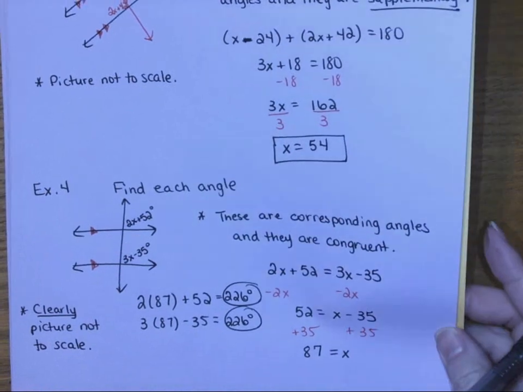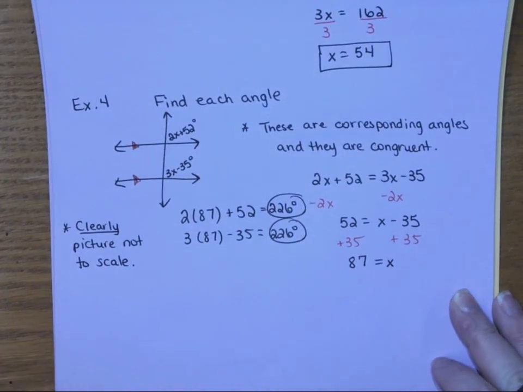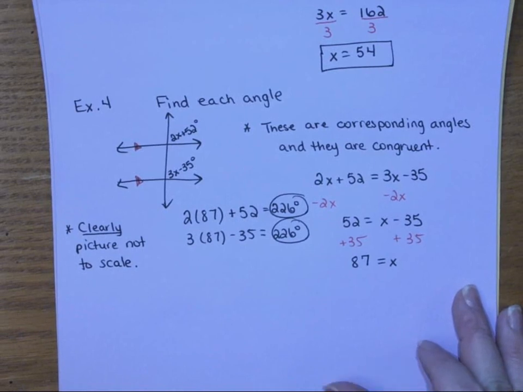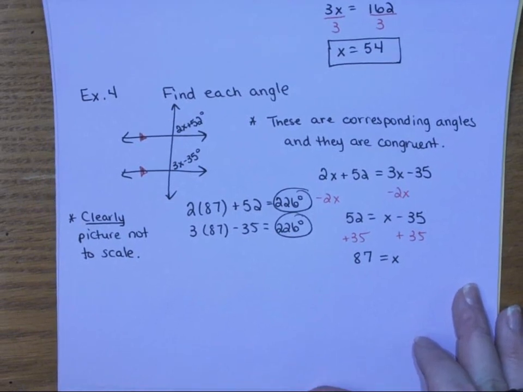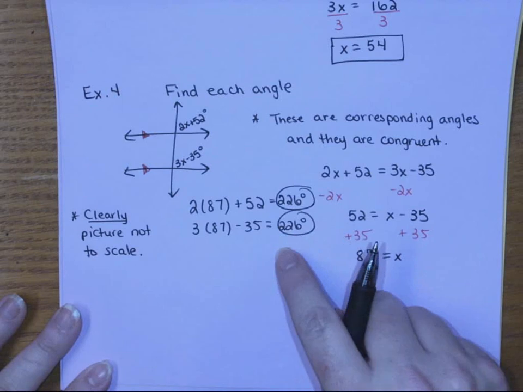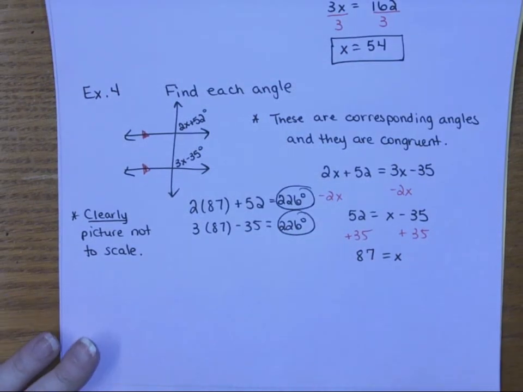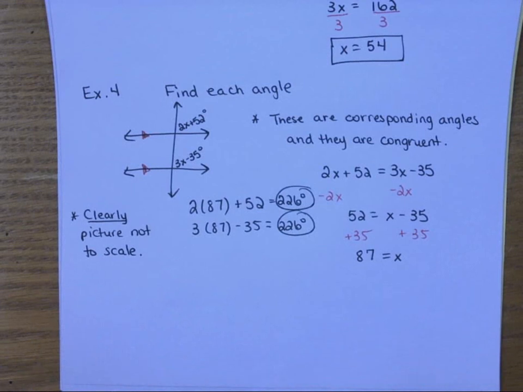Okay, so you can't always judge things based on the picture. And I like to say this not just because I'm not that great of an artist, but it's a good idea maybe for you not to create problems where it works out like that kind of crazy number, but it's a good idea for you to get your students not so used to judging by the picture. In other words, not looking at it and saying, hey, I'm going to guesstimate that I think that's a 90-degree angle.